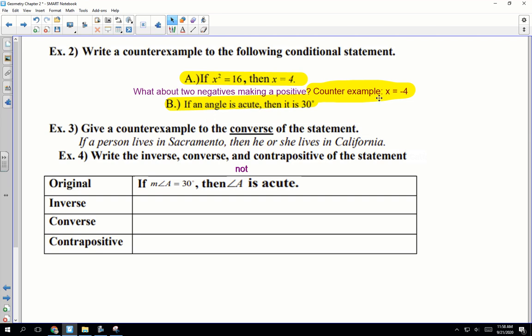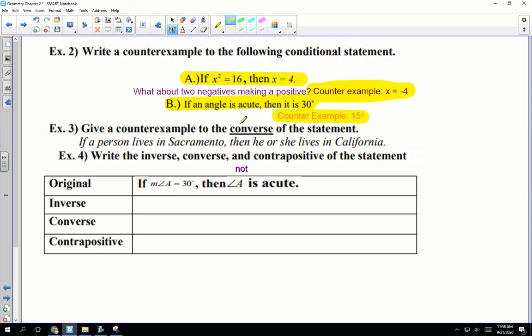That's totally easy. A counterexample would be 15 degrees or 45 degrees or 89 degrees. Any angle that's acute, as long as it's not 30, is a counterexample. Yay, easy, right? Feel free to change this counterexample to any number between 1 and 89 degrees. As long as it's not 30, it will be correct.